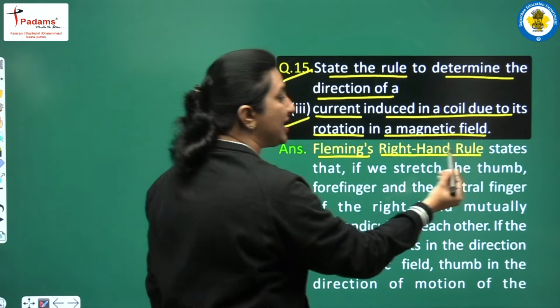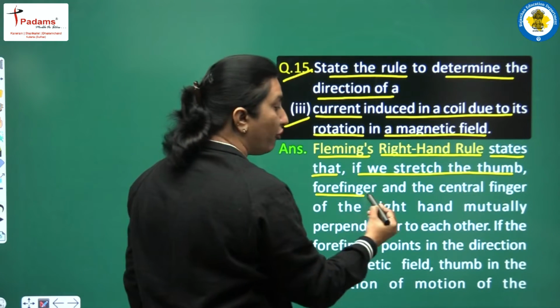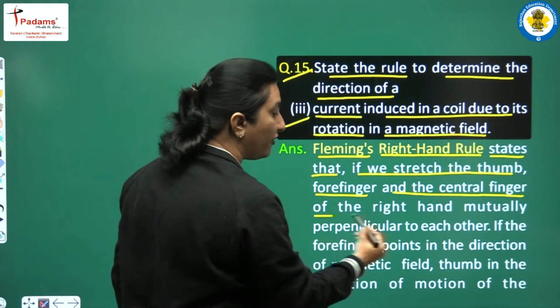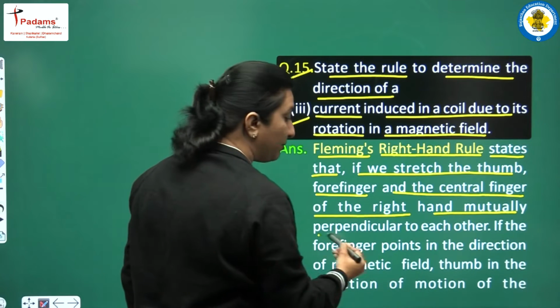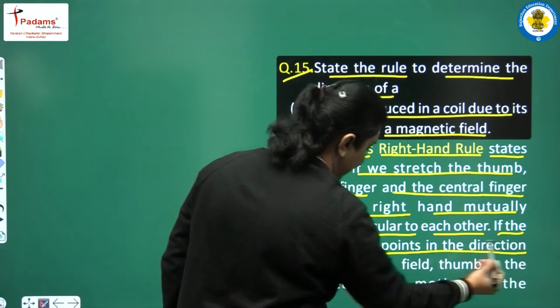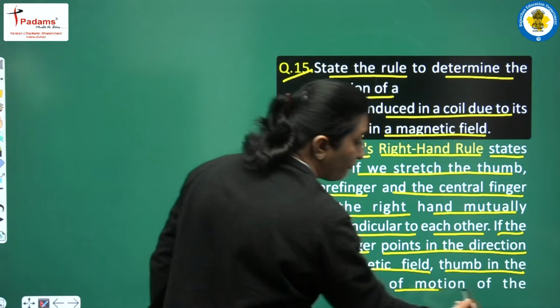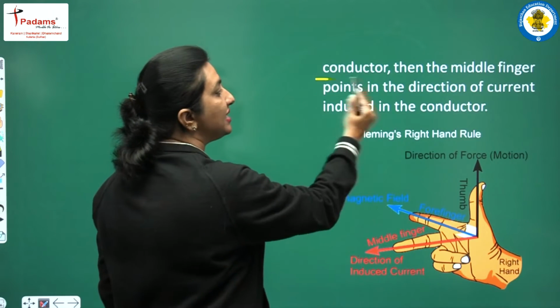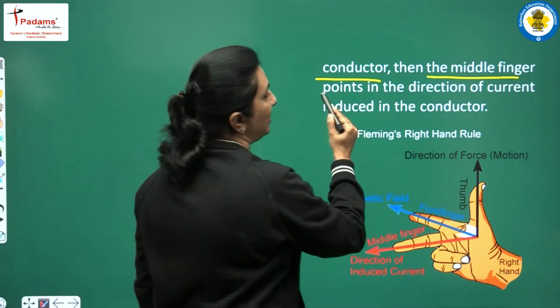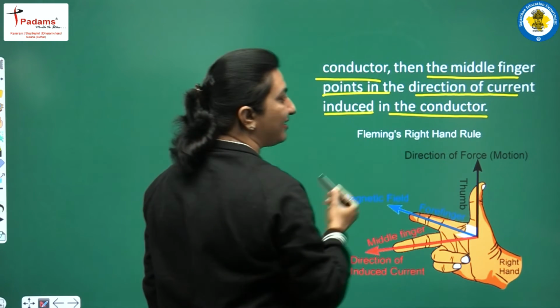So, Fleming's right hand rule states that if we stretch the thumb, forefinger and the central finger of the right hand mutually perpendicular to each other, if the forefinger points in the direction of magnetic field, thumb in the direction of motion of the conductor, then the middle finger points in the direction of current induced in the conductor.